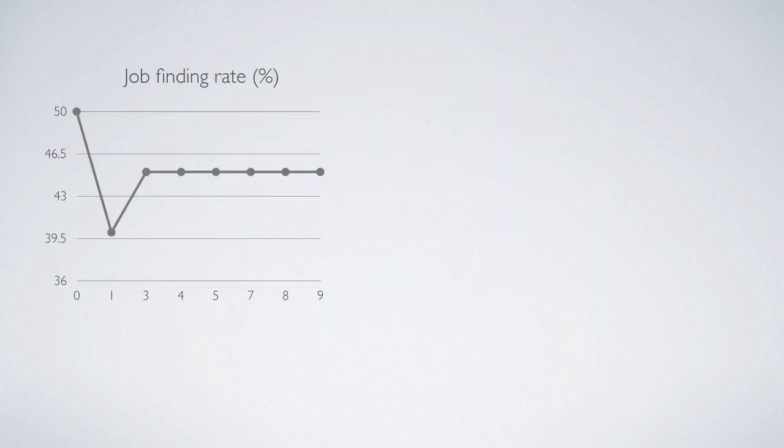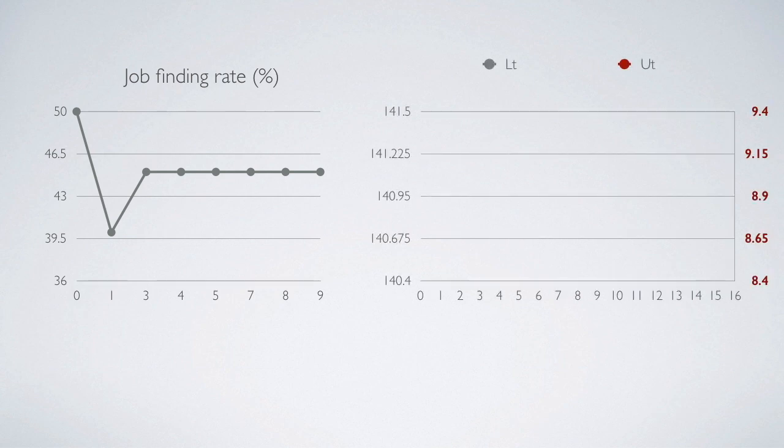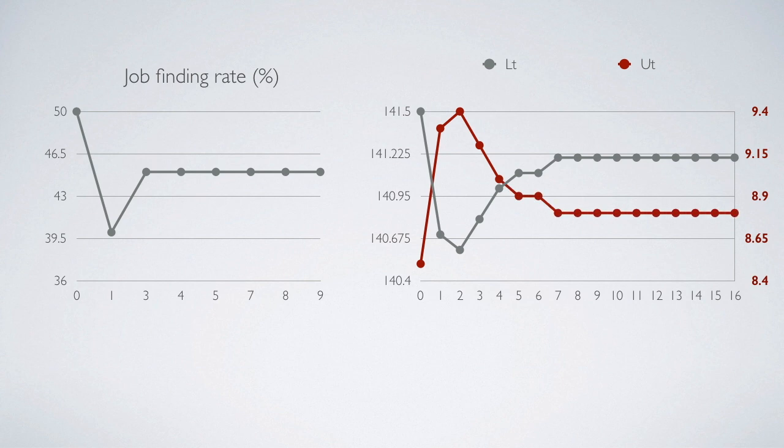So this is the change of job finding rate we assume happened in the economy. It stayed at 50% at the beginning, and then suddenly the economy became bad and it's difficult to find a job, so the job finding rate goes down, and then somehow it recovers a little bit, the job finding rate goes up, and then stays there forever. Based on the dynamic calculation, we can track its impact on employment and its impact on unemployment.